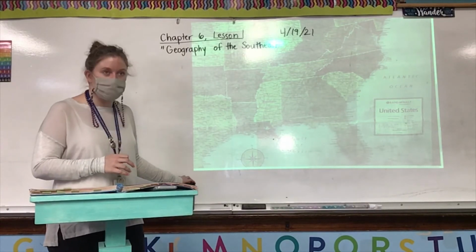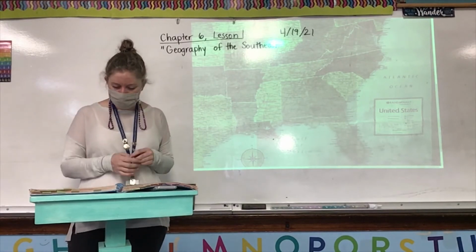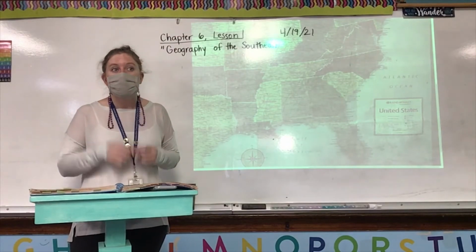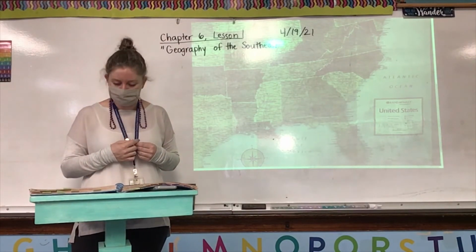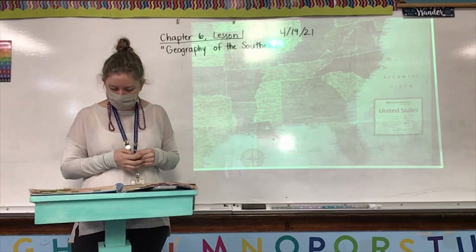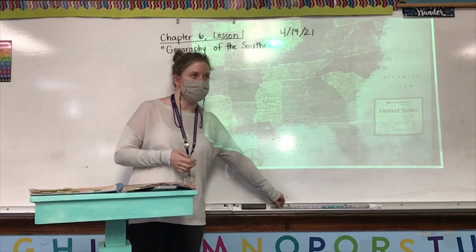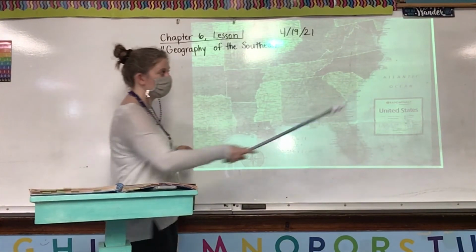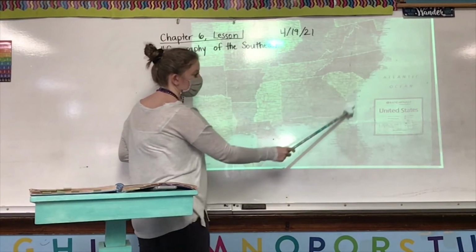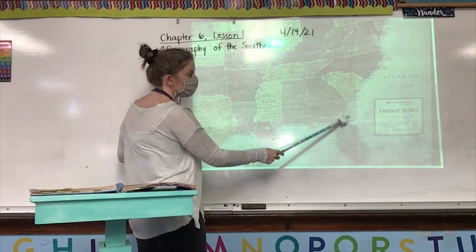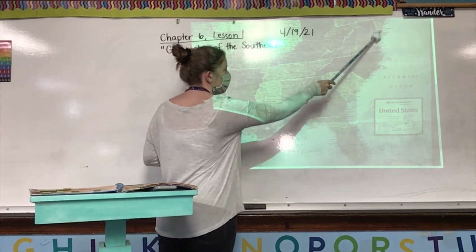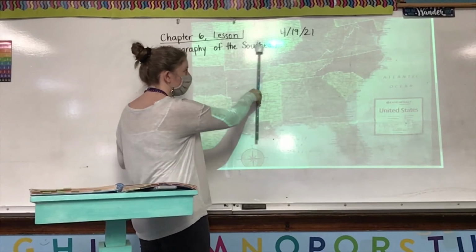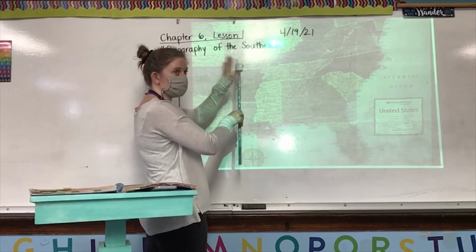Aaron, please read first. A little louder. The southeast has 2 long coastal lines. Not coastal lines, but just coastlines. The Atlantic Ocean forms its eastern boundary. We see that here. The eastern boundary of the southeast states is the Atlantic Ocean. Remember, look at where my pointer is pointing.